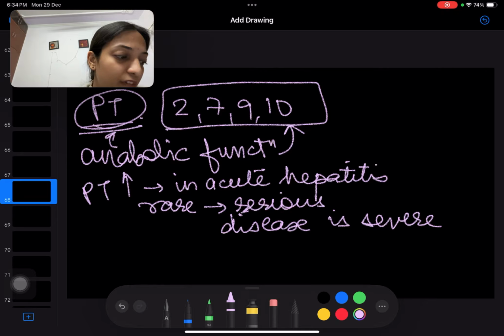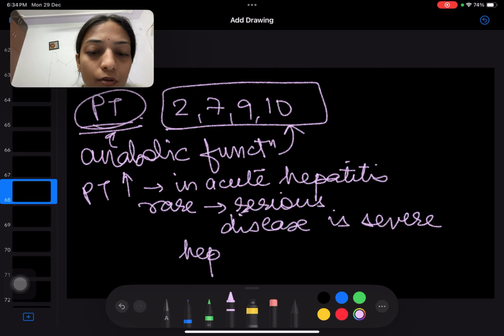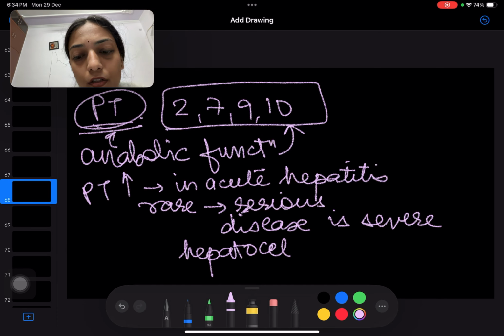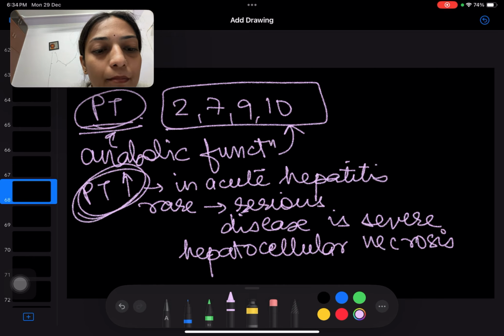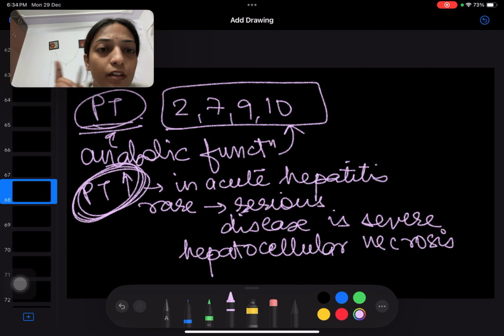Disease severity is very high and hepatocellular necrosis is occurring. So prothrombin time is rarely raised in acute hepatitis, but if prothrombin time is found to be high in acute hepatitis, it indicates that the disease has progressed and we need to immediately do something, right?